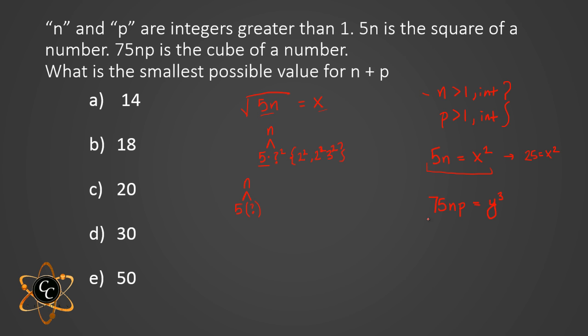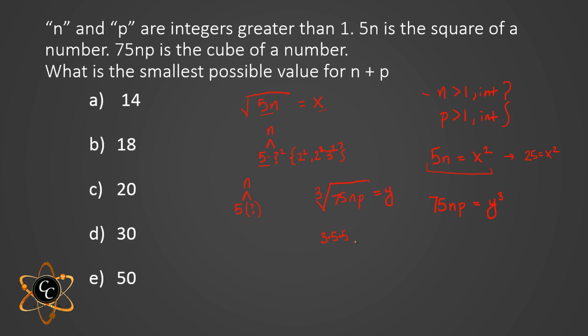Now let's consider 75np equals y cubed. We need the cube root of 75np to equal an integer y. Well, let's break down 75. 75 contains 3, 5, and 5.